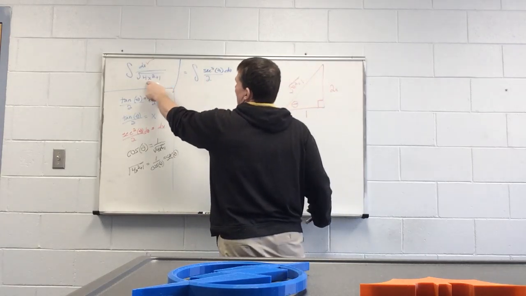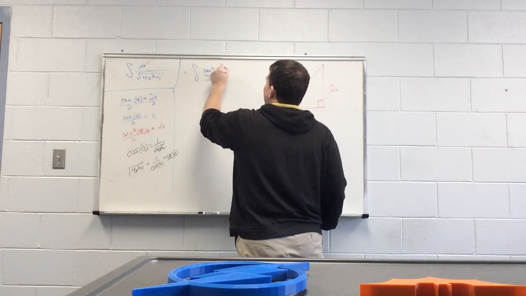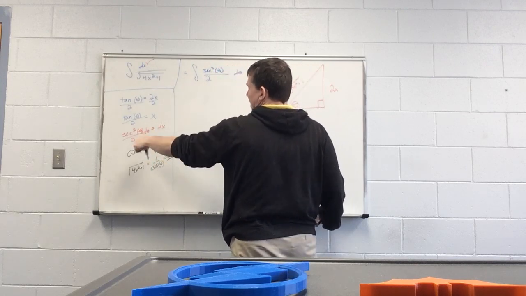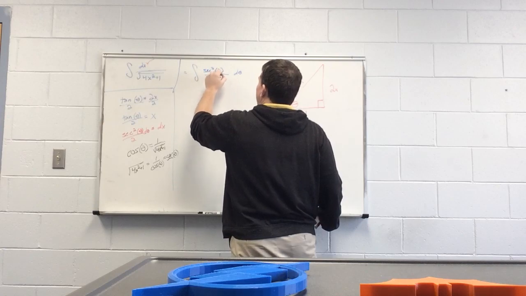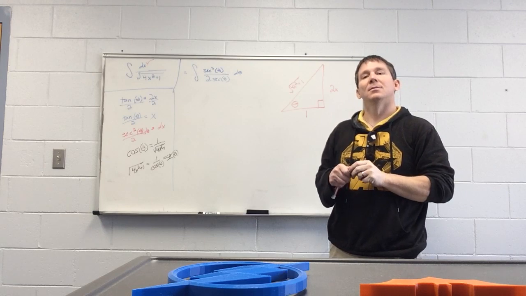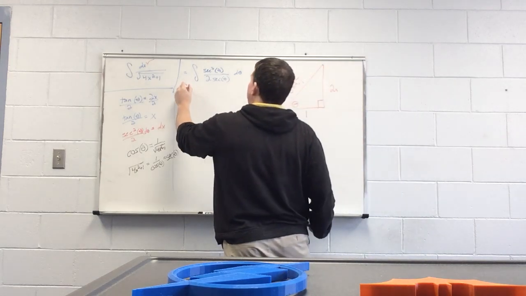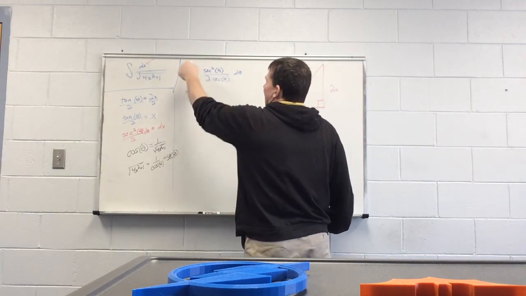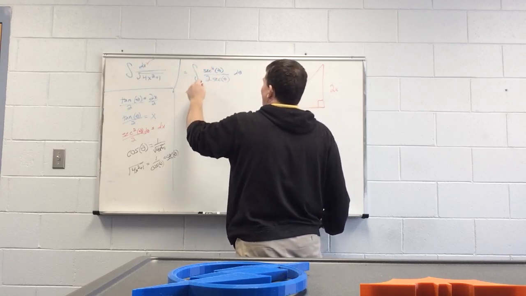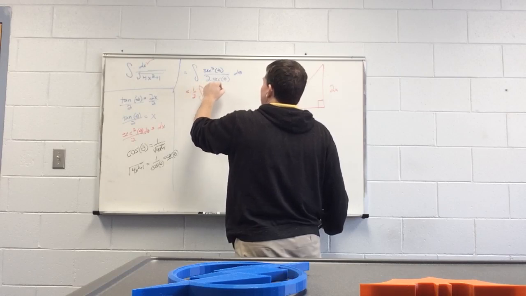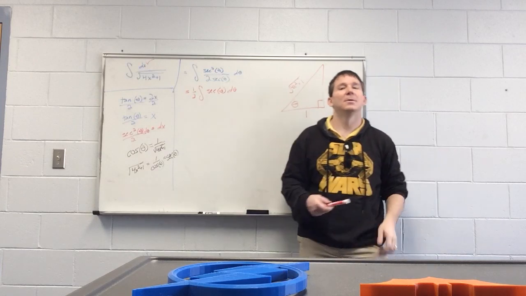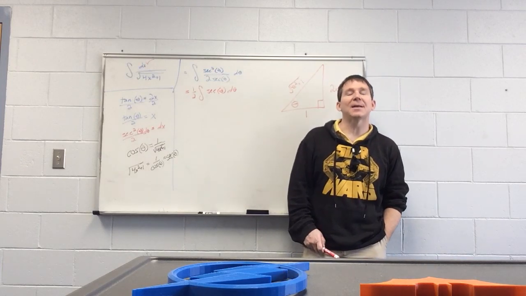And then I have the square root of 4x squared plus 1, which is secant theta in the denominator, and now pull the 1/2 out and I get the integral of secant squared over secant, which is just secant theta d theta. Now just integrate that.